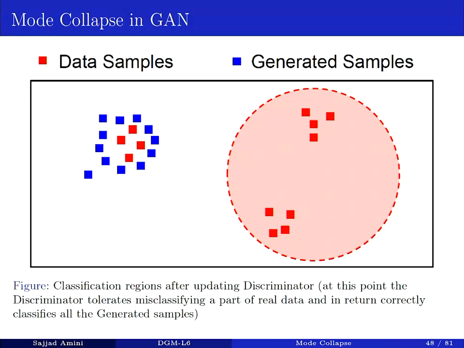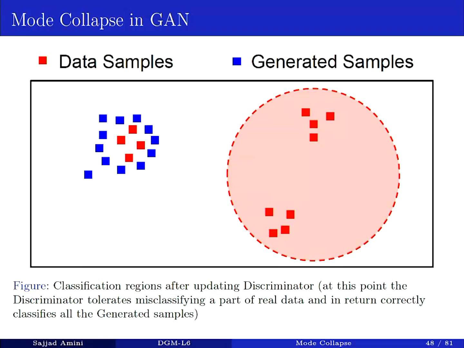So finally it decides to completely consider all of this data as generated, even though you have some misclassification here, while you do not have any misclassification in other parts. Because if you want to put more capacity here, you should reduce your capacity here. So this is the optimal point when they attack the data samples.